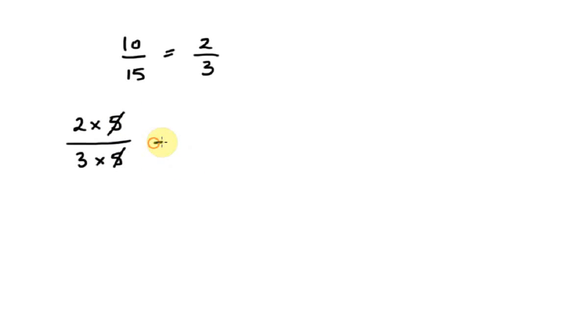We cancel those, so this becomes 2/3. When we do this canceling, what we're actually doing is 5 divided by 5 becomes a 1, and 5 on the bottom divided by 5 becomes a 1. So technically, it doesn't just disappear, it becomes a 1. So we're allowed to do this.